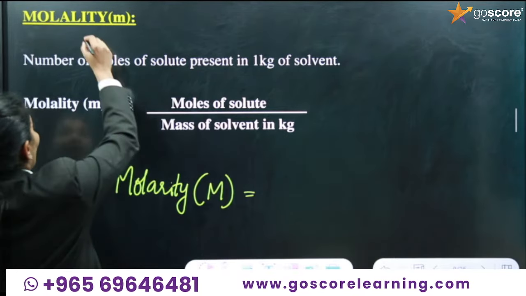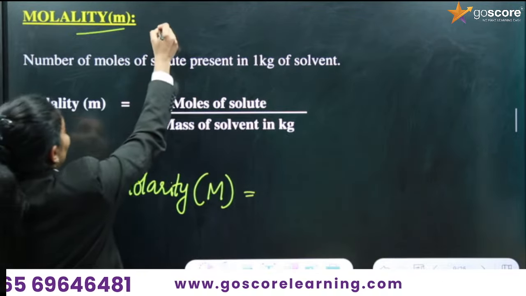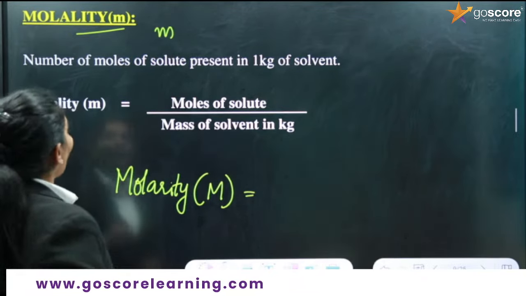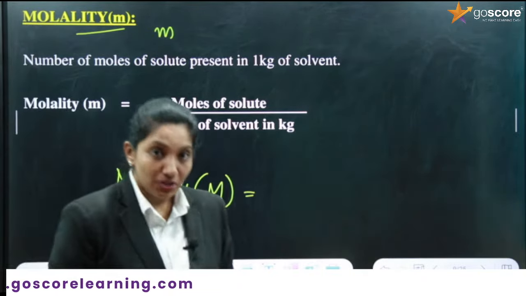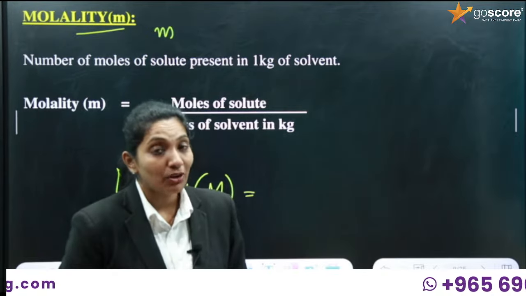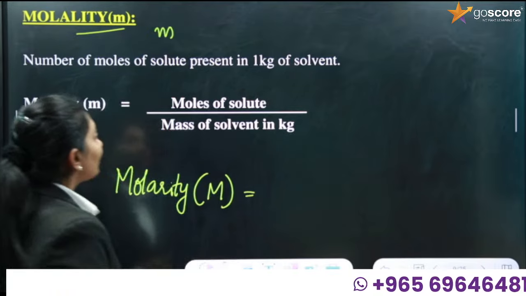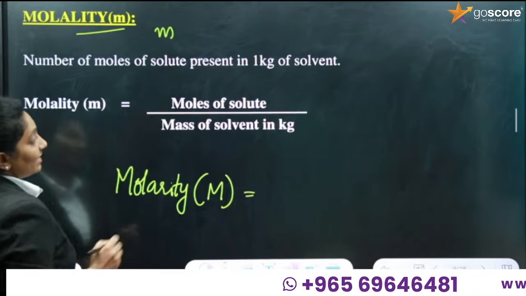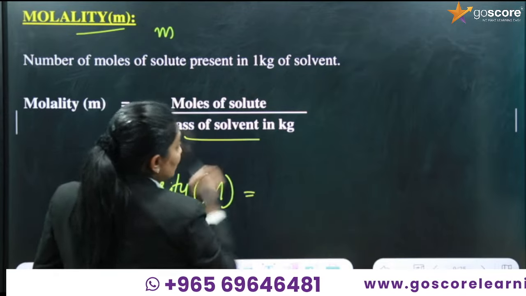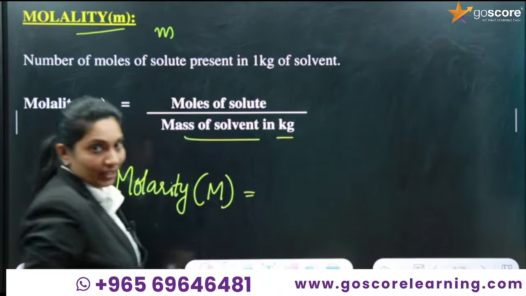Here, molality we will express with the small letter m, and it is the number of moles of solute present in 1 kilogram of solvent. See, here molality is the moles of solute divided by mass of the solvent in kilogram.